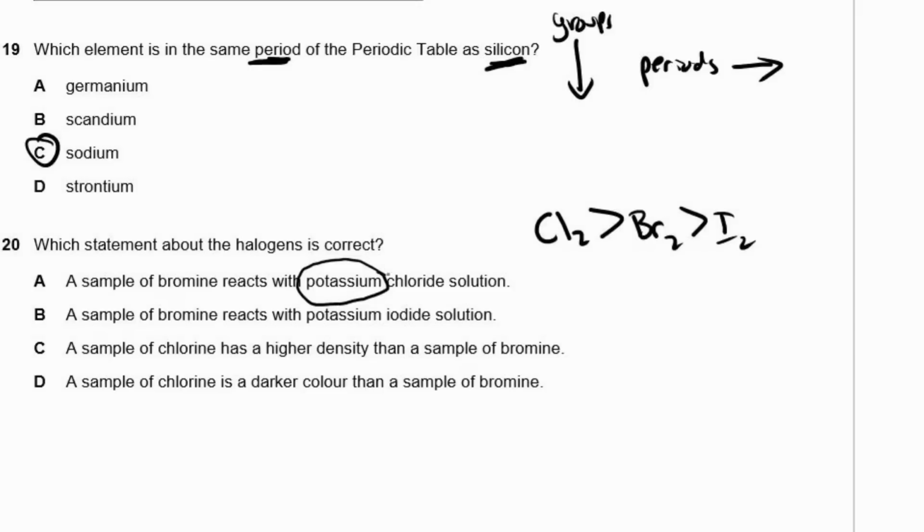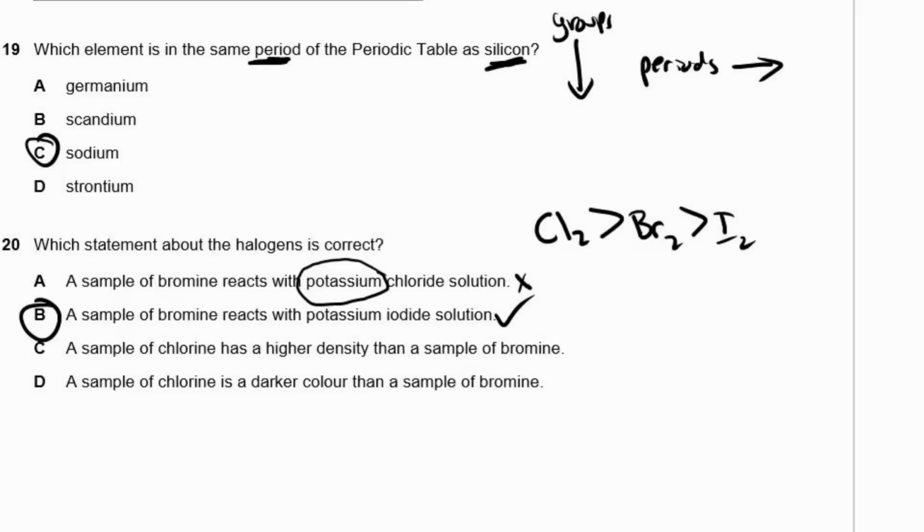Is bromine more reactive than chloride? Nope. Chlorine is more reactive than bromine. A sample of bromine reacts with potassium iodide. So bromine is more reactive than iodine. Well, yes, that looks right. Okay, I'm going to say B, but let's double check the answers.